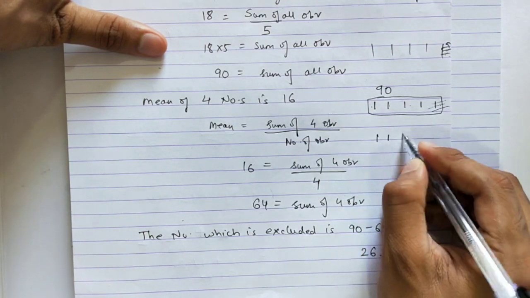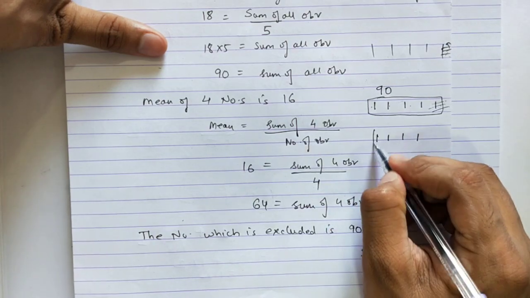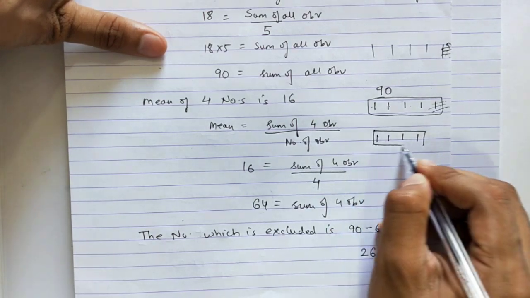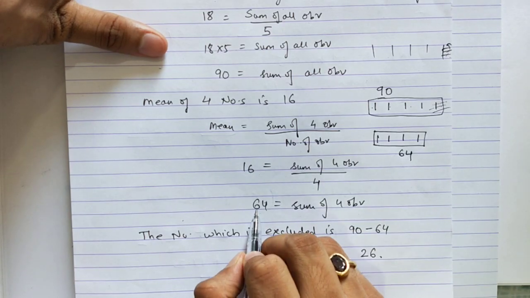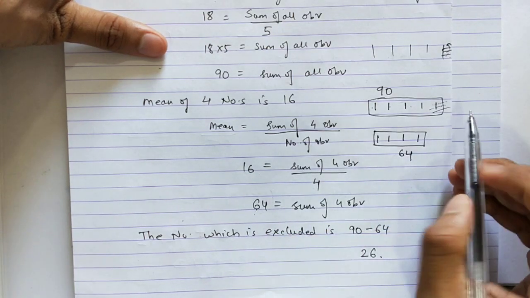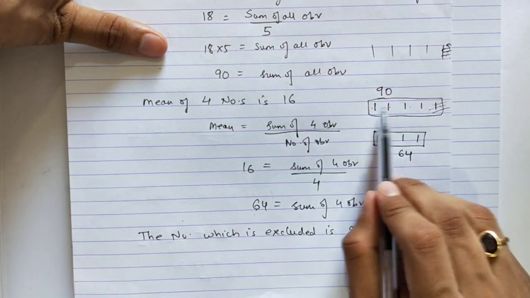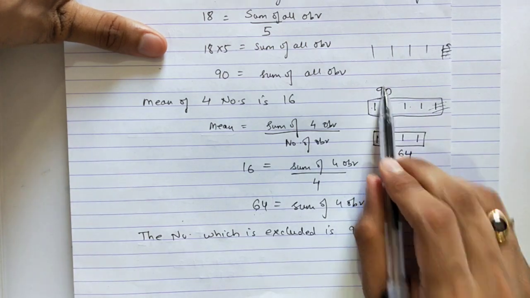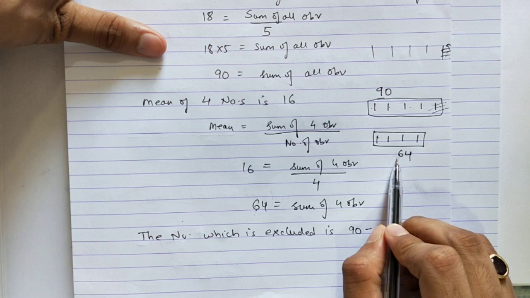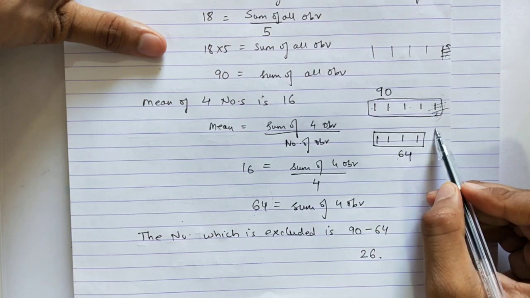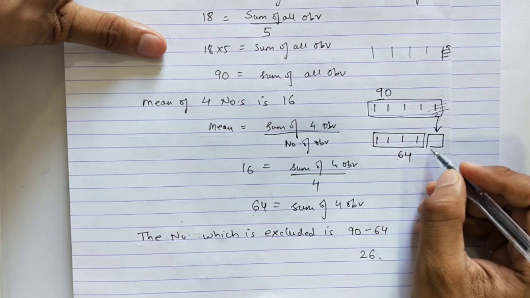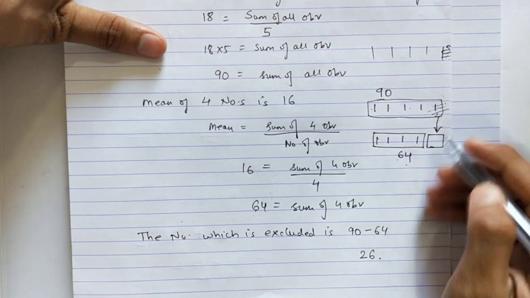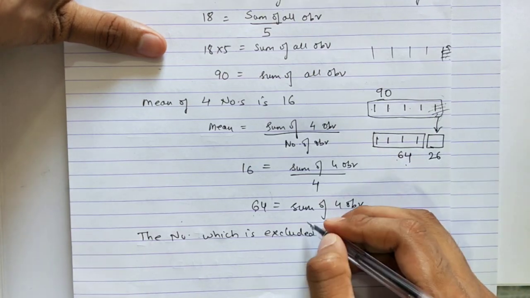Now there are 4 numbers remaining. The total of these 4 numbers we got as 64. So the addition of 5 numbers was 90, addition of 4 numbers is 64. So that one number which we excluded will be 90 minus 64, that is 26.